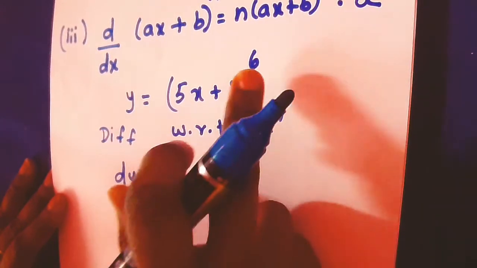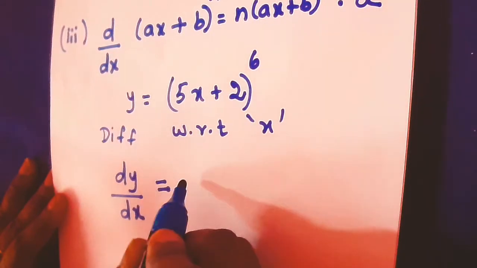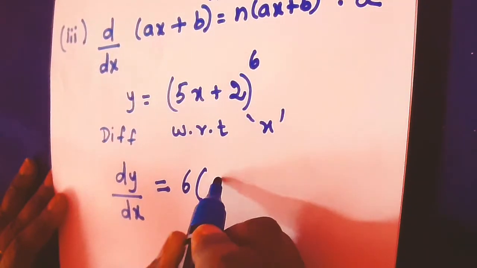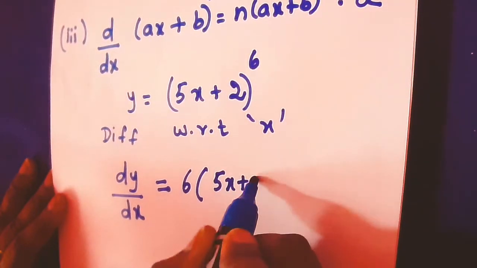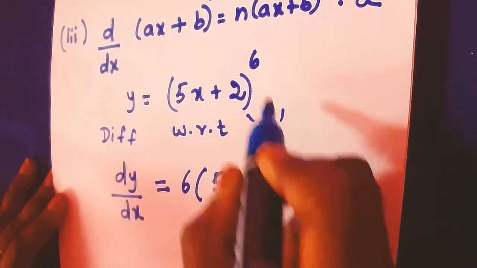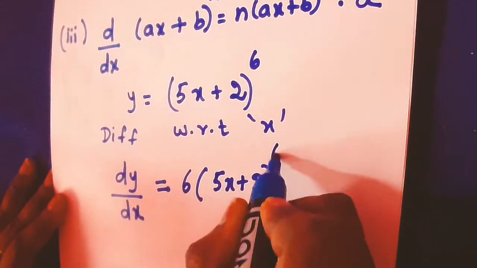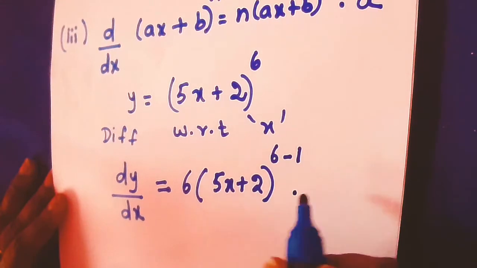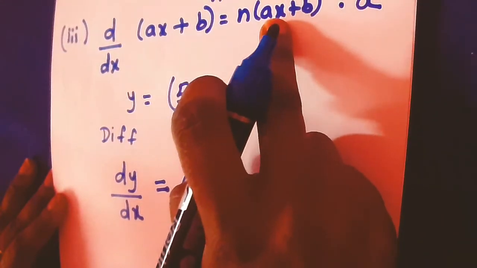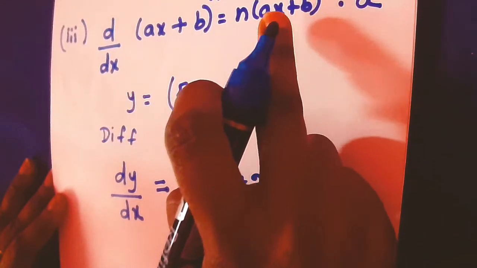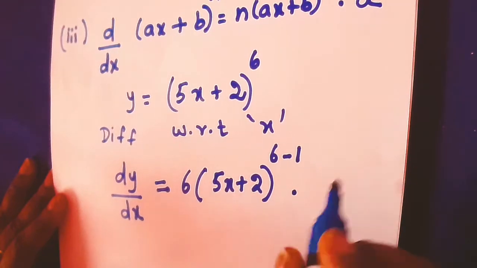Here n is 6, so 6 times (5x plus 2) the whole raised to the power n minus 1, which is 6 minus 1, times a. a is nothing but the coefficient of x here. What is the coefficient of x here? 5.